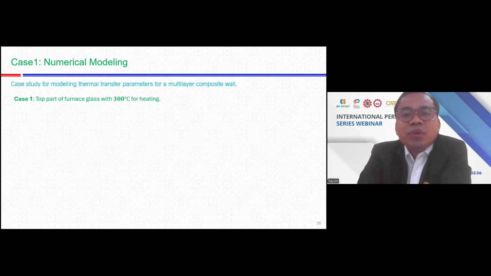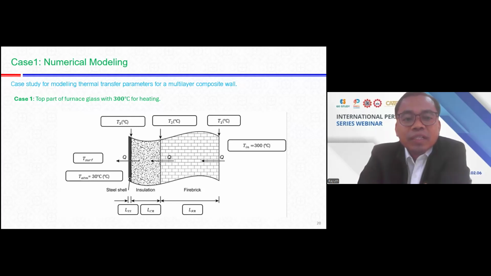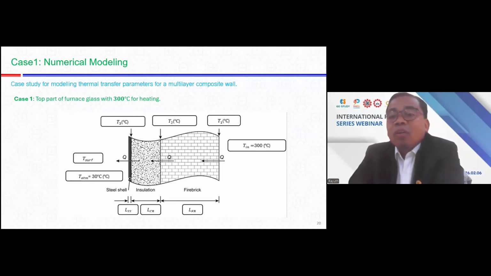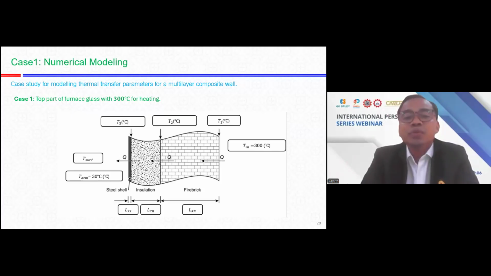I choose 300 degrees Celsius for the hot side, the higher one, and for the low temperature I choose 50 degrees Celsius, as you see on the slide. As I mentioned, heat will move from the hot side, 300 degrees Celsius, to the surface of the wall.